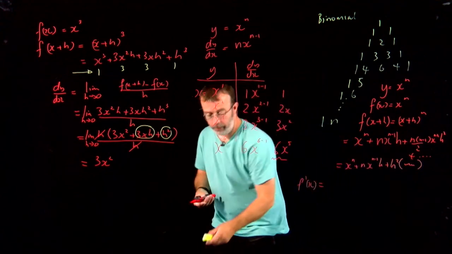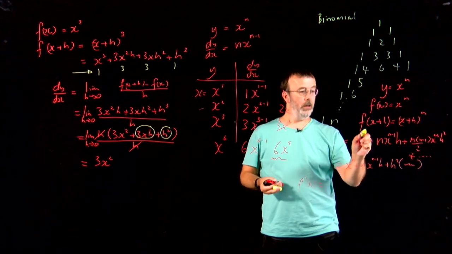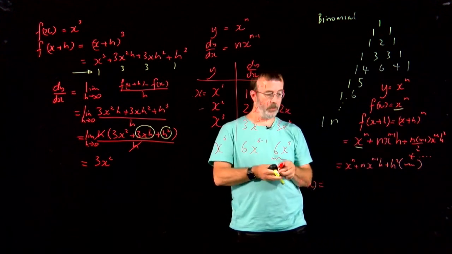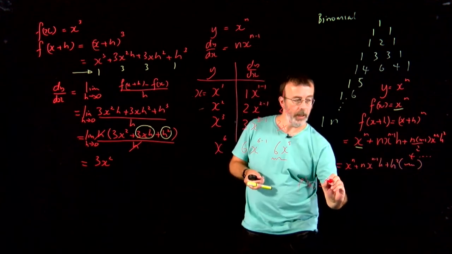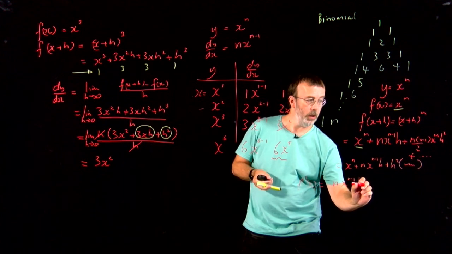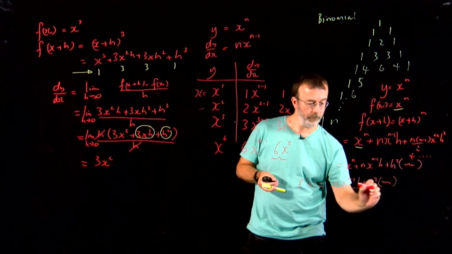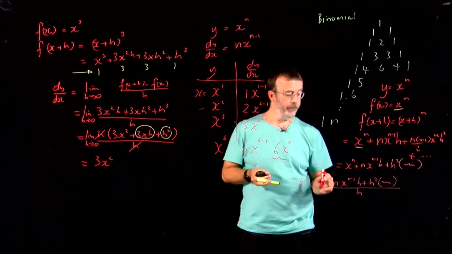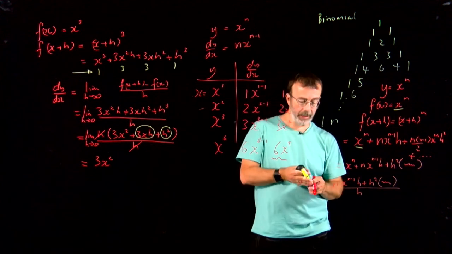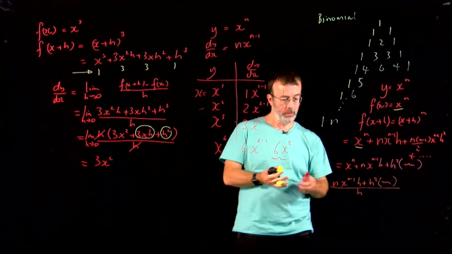So that means that this term and this term will cancel out, and we'll be left with n x to the n minus 1 h plus h squared times something, all over h. And now we can cancel the h. Oh, limit.